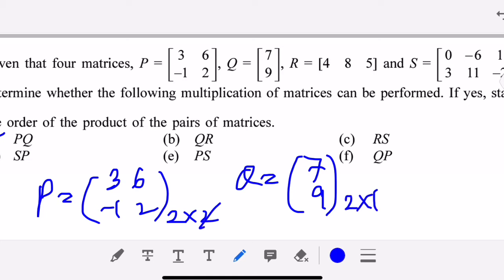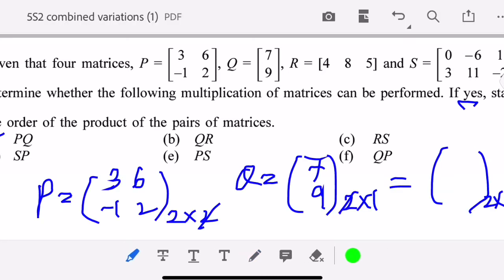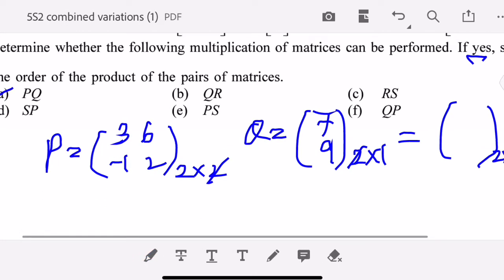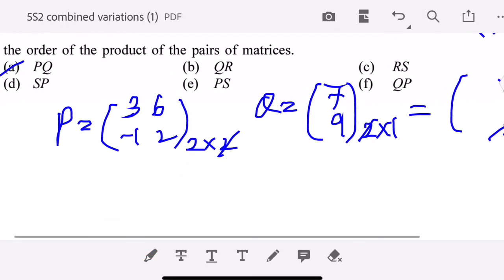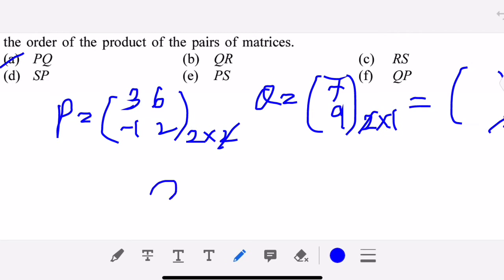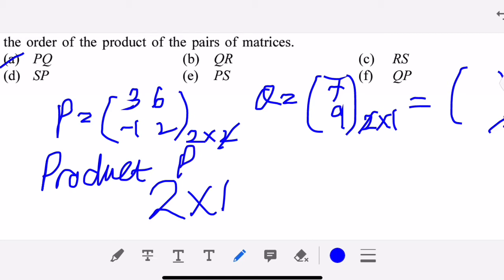If you cancel out, the product that you get will be 2 by 1. So the answer is yes, P and Q can be multiplied, and the order of the product P times Q is 2 by 1. Got it? Okay, settled.